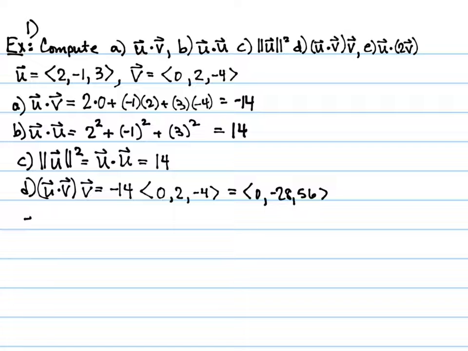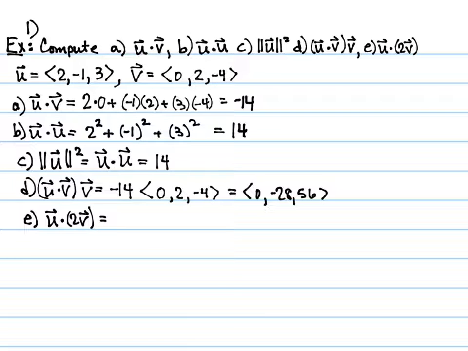Okay. E. u dot 2v. Now, we could do the problem exactly like it's stated, and it wouldn't be that difficult or a big deal. We could double the vector v, and then we could do the dot product with the vector u. That would be fine. But, again, one of the properties that we just discussed says that the 2 that's sort of associated, if you will, with the v right now could just be moved to the front.